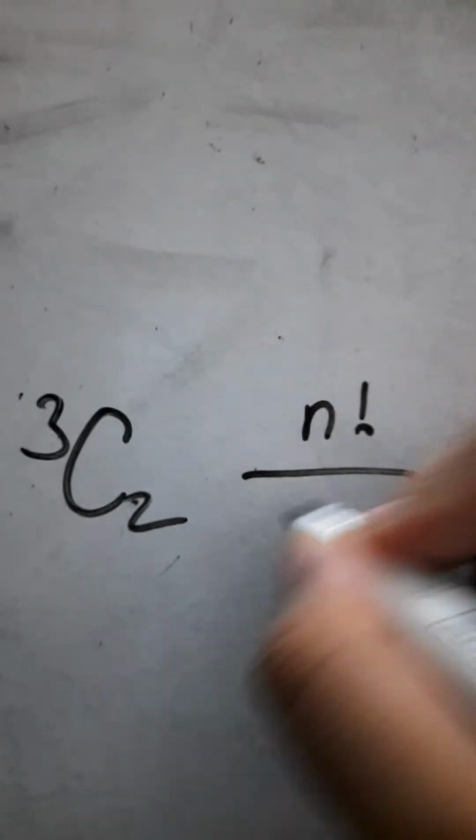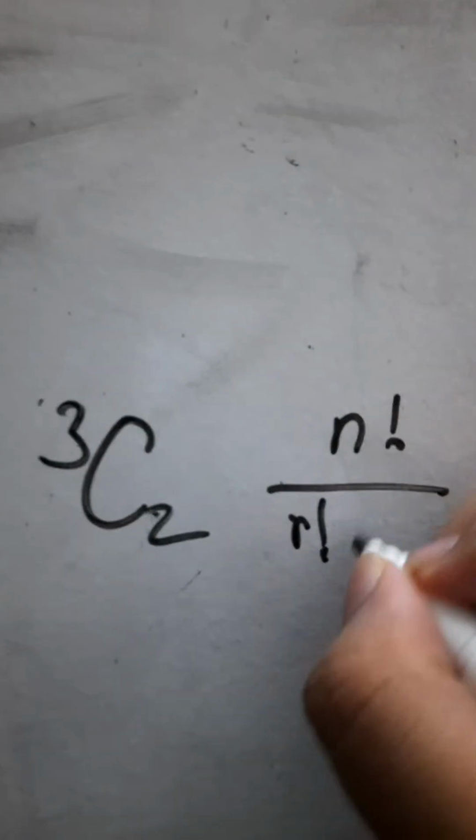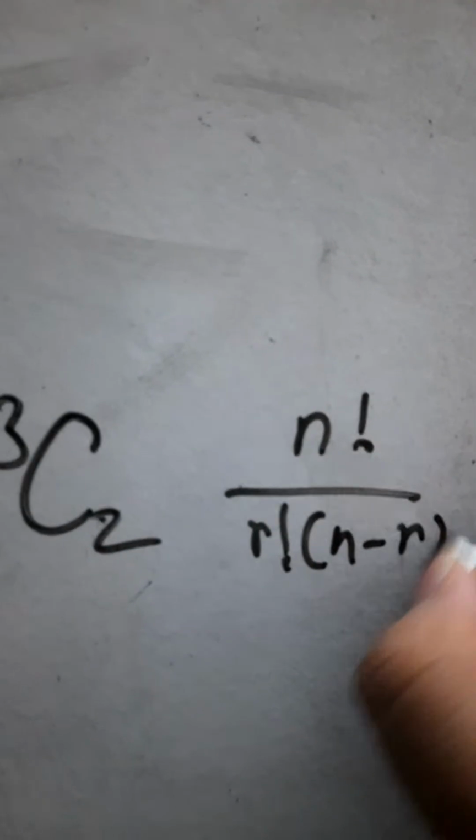So let me show you. You would know the permutation combination formula, right? nCr, n factorial by r factorial into n minus r factorial, I guess.